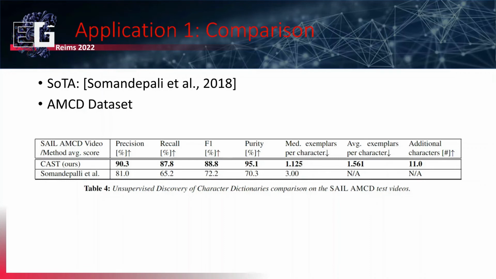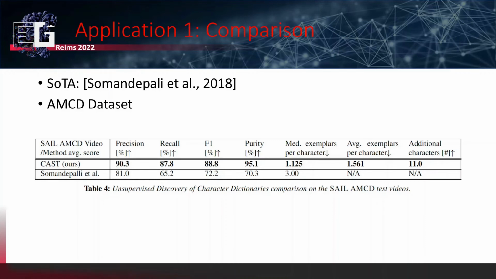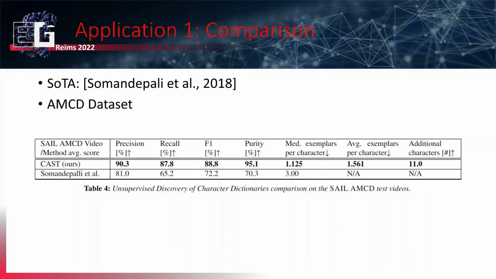Somandepalli et al. have suggested the dictionary building task. Our method has outperformed the results on their test dataset with respect to all metrics, introducing much higher cluster purity and much fewer exemplars per character.